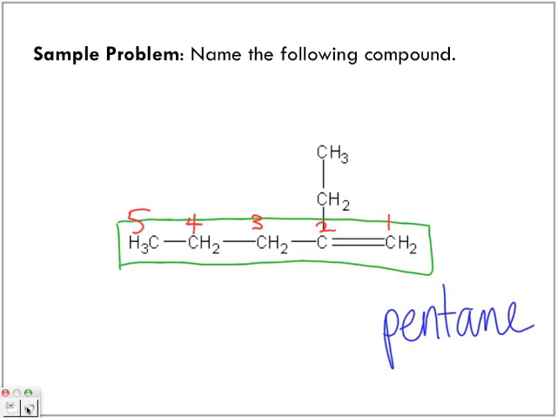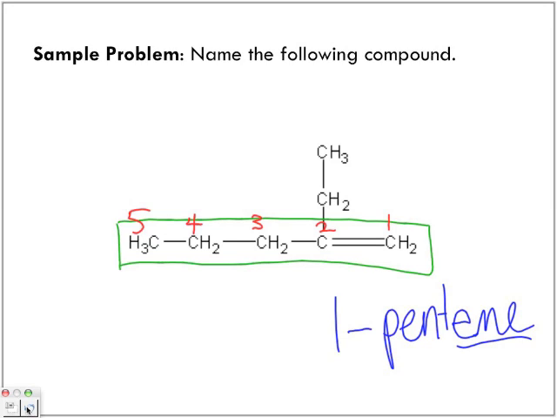But because there's a double bond, it's not pentane, it becomes pentene. Now, where is the location of this double bond? It's located between carbon 1 and 2. So remember, we number it based on the lowest of the two. So it's a 1-pentene.